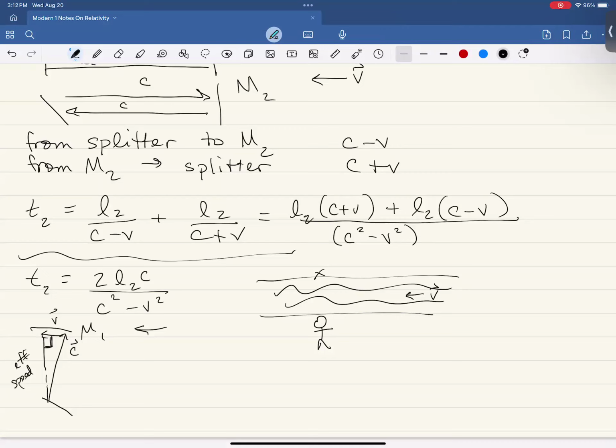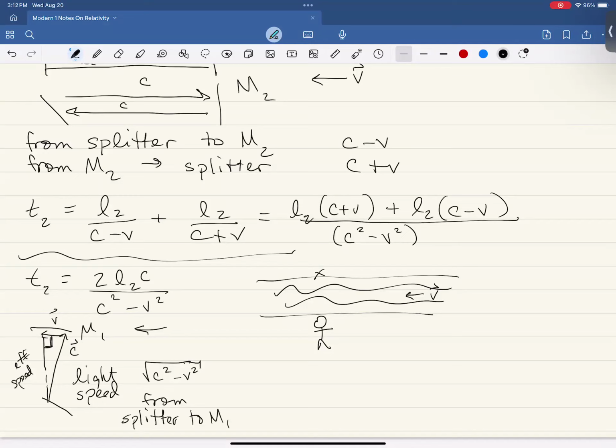So this other straight edge, not the hypotenuse, but one of the regular sides of the triangle, would then have a length of the square root of C squared minus V squared. So the light speed would be the square root of C squared minus V squared across from the splitter to M1.